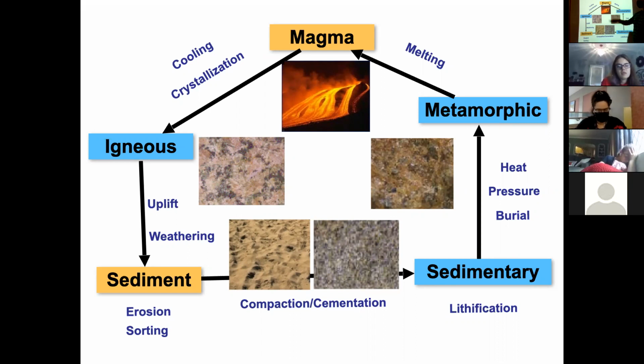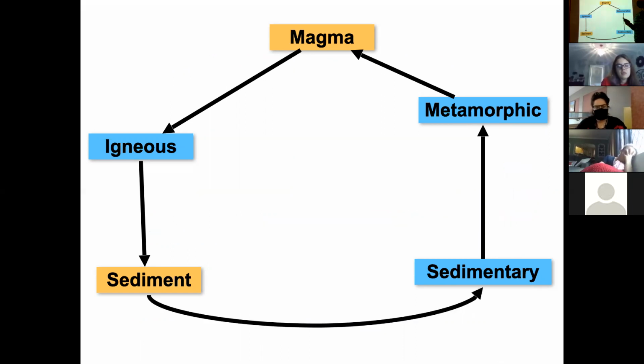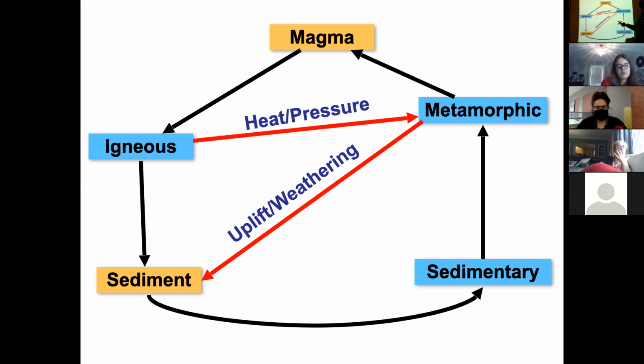Now, with this just being the outside part, there are some shortcuts. For example, if you're going from igneous rocks to metamorphic, if that igneous rock is exposed to heat or pressure, it can become metamorphic and cut off that bottom loop. That's one shortcut. Metamorphic rock can become sediment if it's weathered.